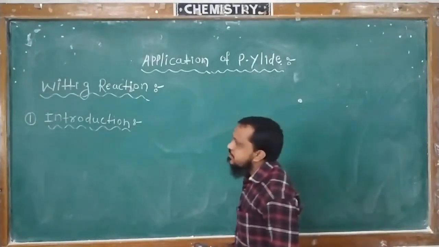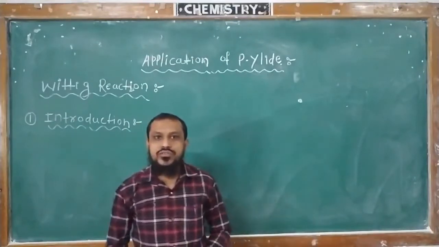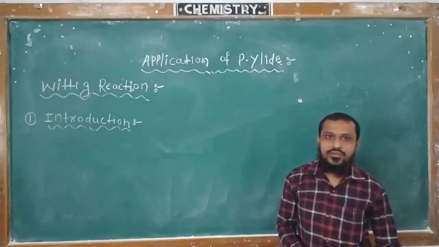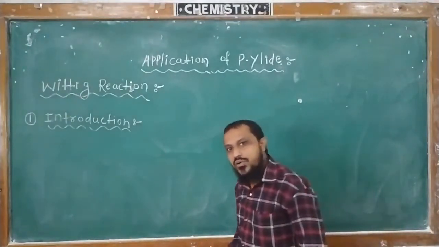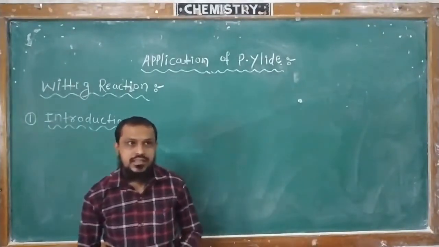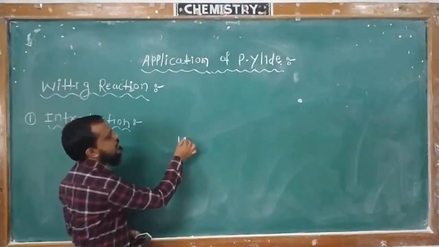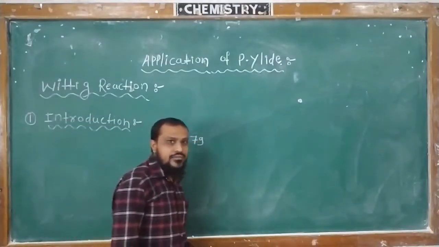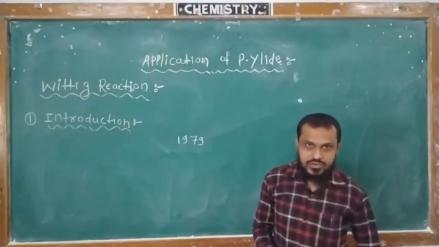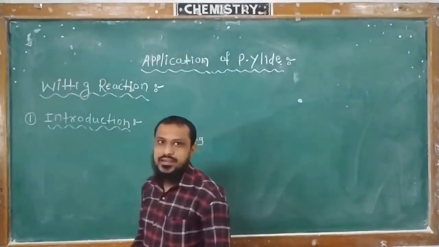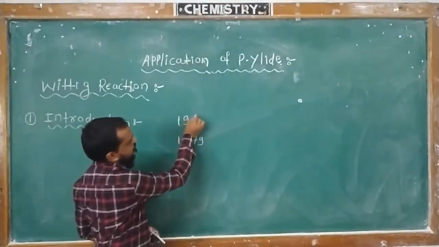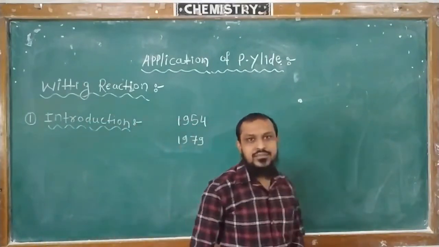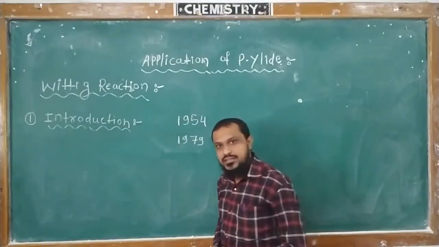The Wittig reaction was first discovered by George Wittig in 1954, for which he was awarded the Nobel Prize in 1979.